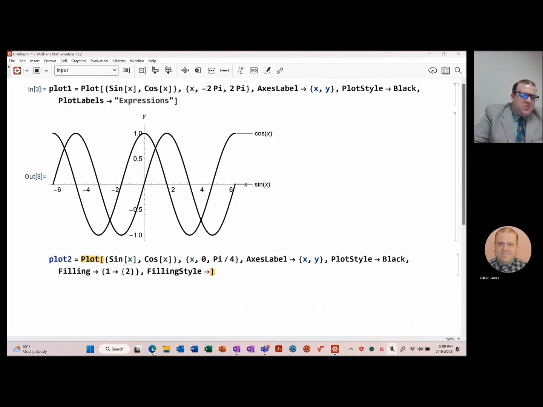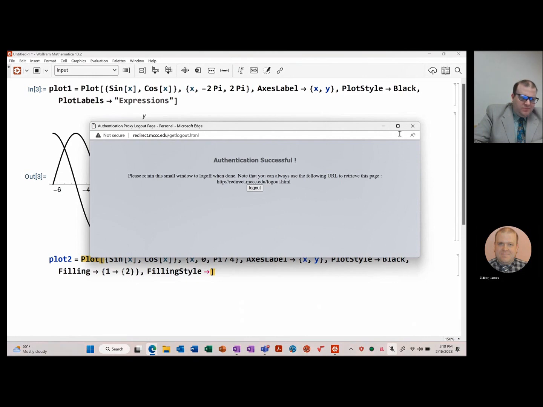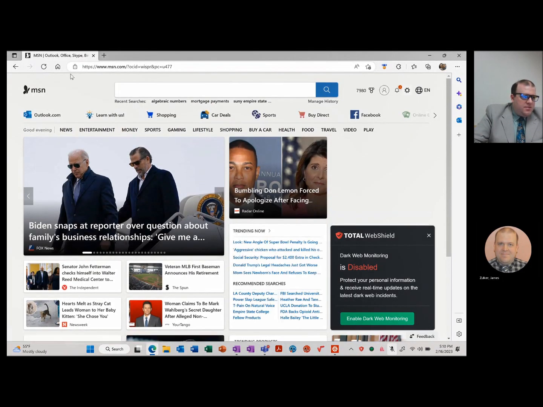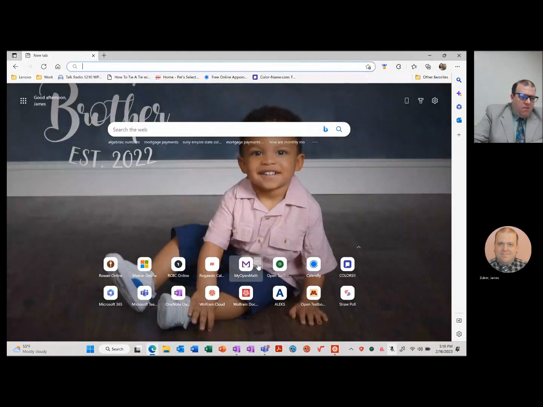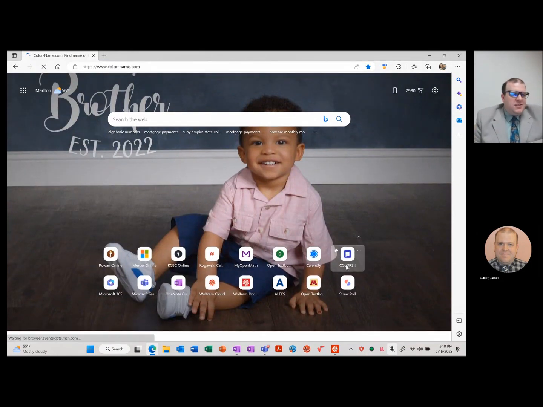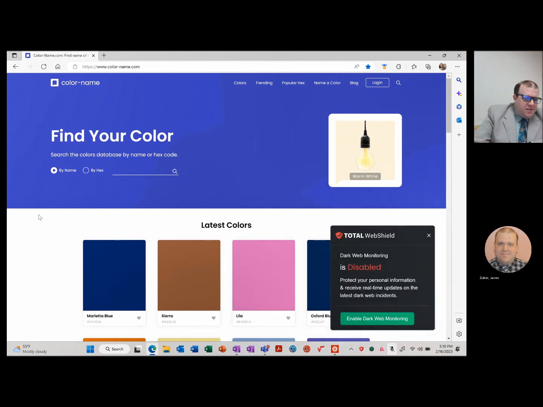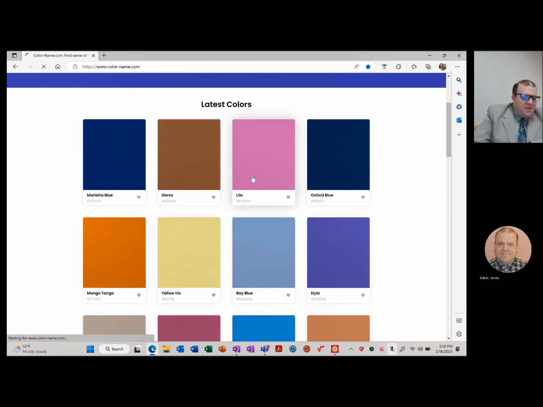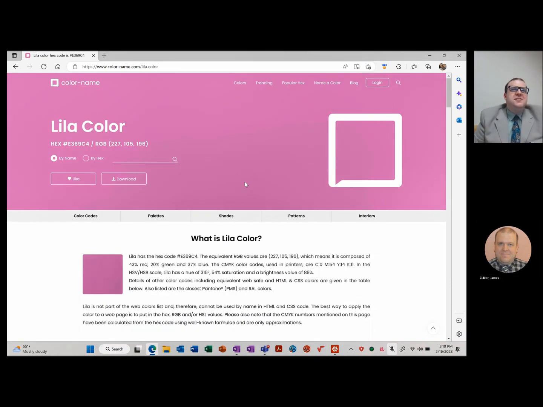Okay, go away. Perfect. Lilac, why not? I'm here for the RGB code.